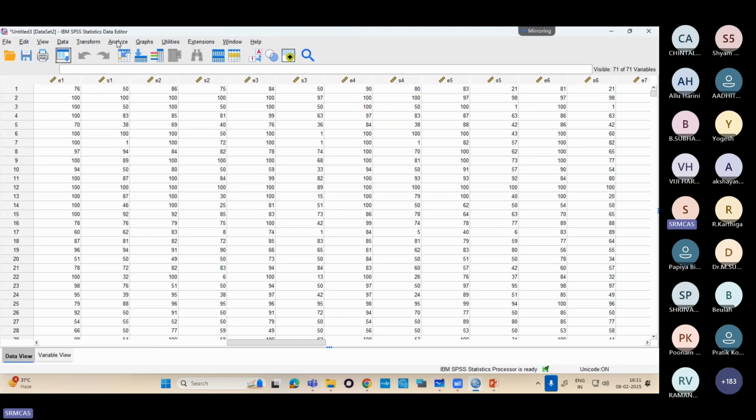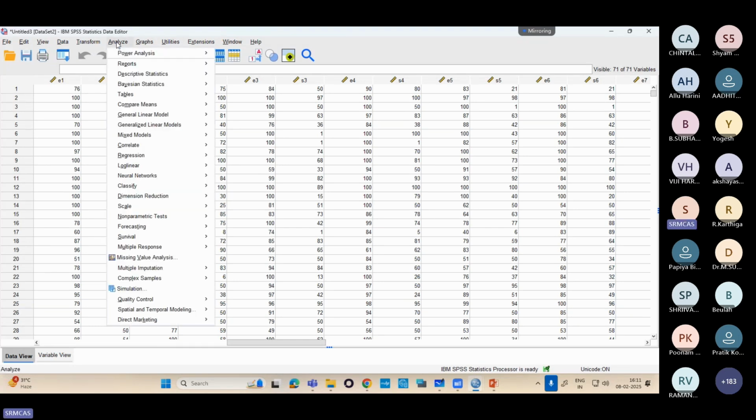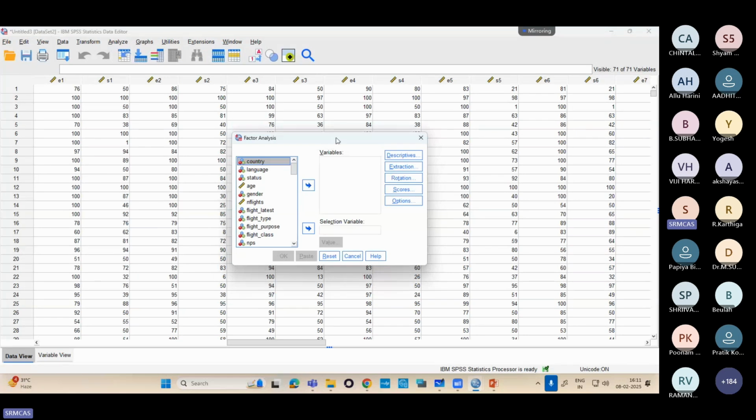For doing the factor analysis, go to the Analysis menu, dimension reduction options, and choose Factor. You can get a dialog box like this.